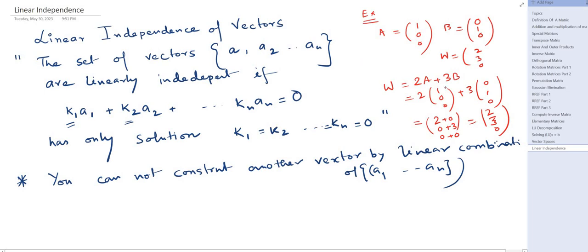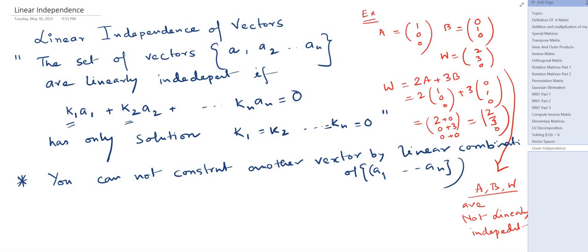So the conclusion is that these three vectors a, b, w are not linearly independent.